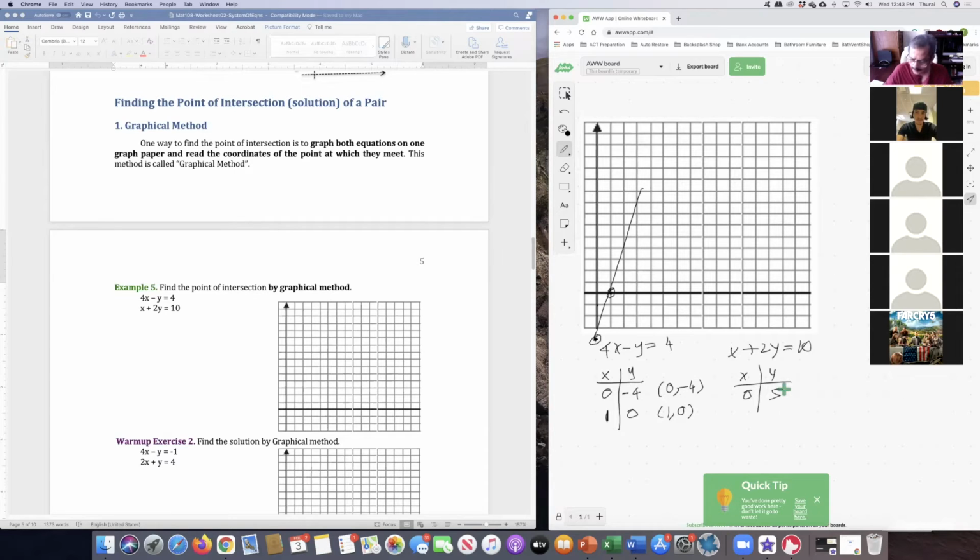Can we find that? 1, 2, 3, 4, 5, 6, 7, 8, 9, 10. Yes, so (10, 0). So (0, 5) and (10, 0) are the points on this graph. (0, 5) is 1, 2, 3, 4, 5 right here. And (10, 0) is 1, 2, 3, 4, 5, 6, 7, 8, 9, 10 right there. So I'm going to join them to get the second graph.